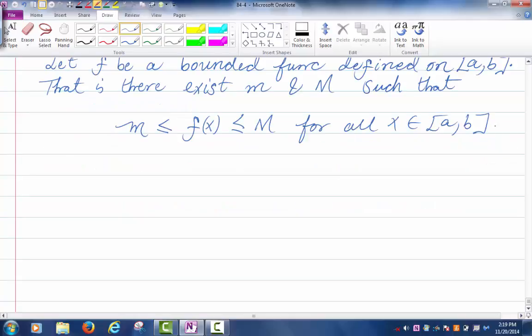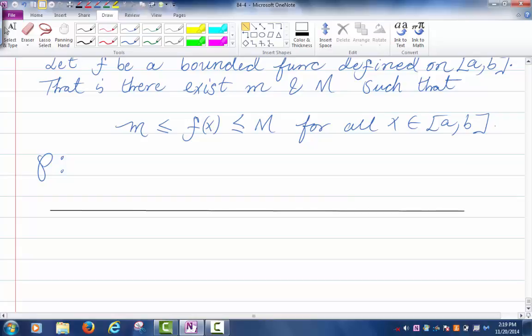Once I have a function like this on a given interval from a to b, I will take an arbitrary partition P. Let me write it on the number line.